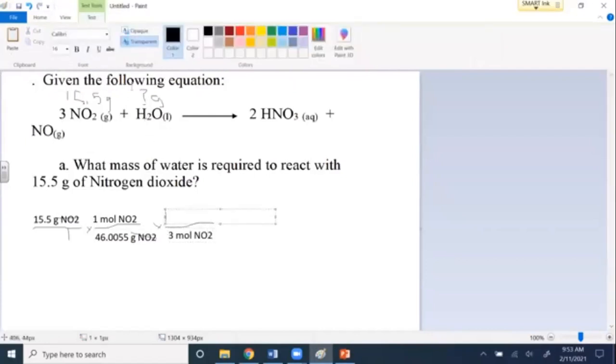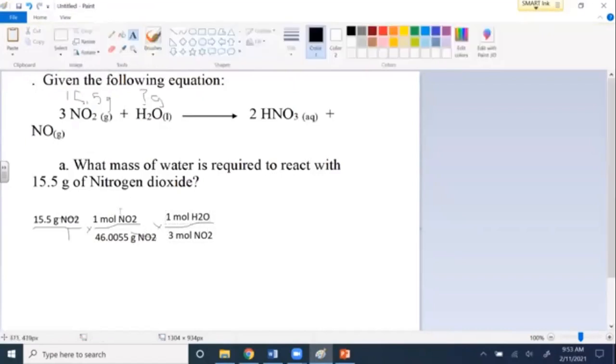And I got 3 moles from the balanced chemical equation. On the top of this one is 1 mole H2O. It's a 1 because there's no coefficient in front of H2O, so it's understood to be 1. Now moles NO2 cancel. And now in my mole unknown box, my unknown substance is H2O, and I'm in moles.